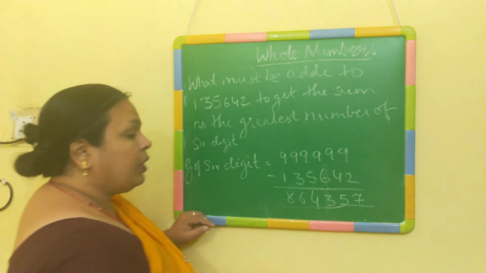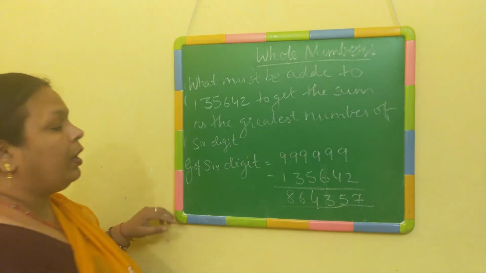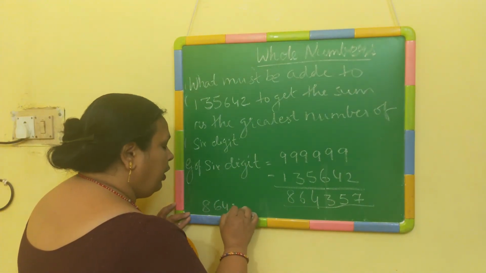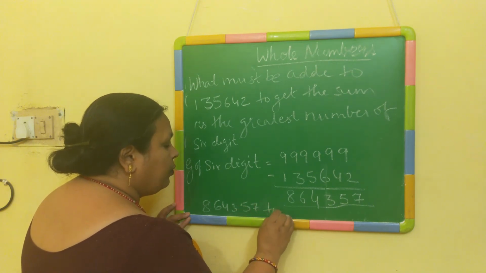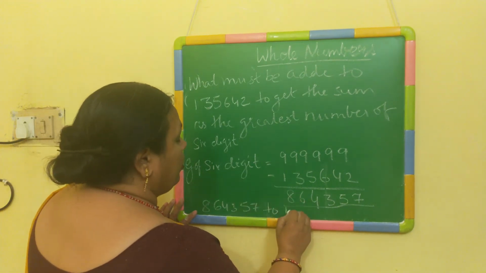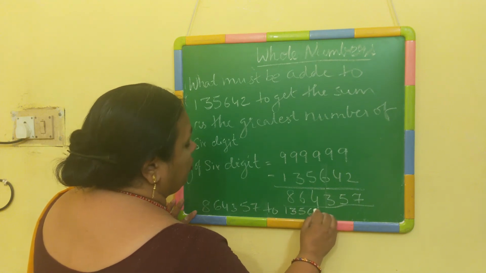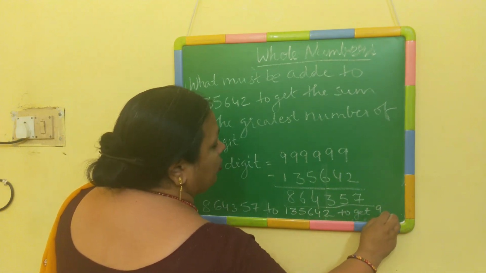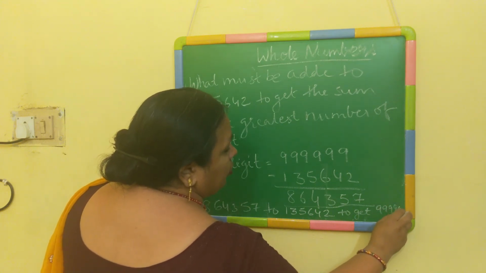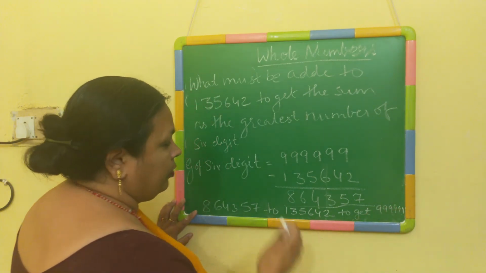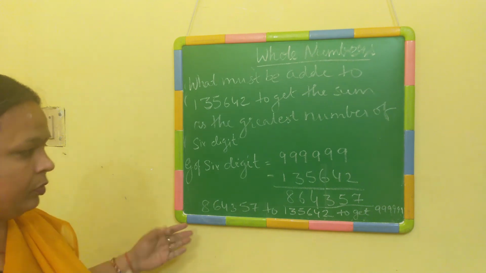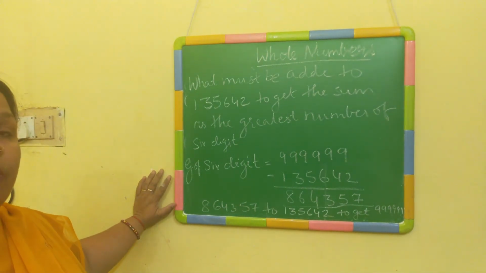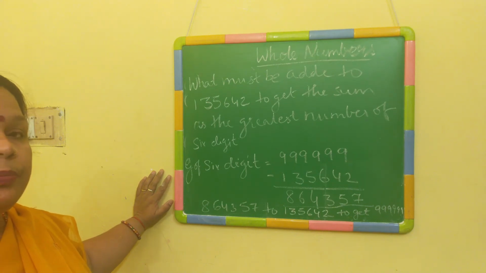So we know that we need to add this number, that is 864357, to the given number. So this is your final answer. Now let's quickly move to the next example.